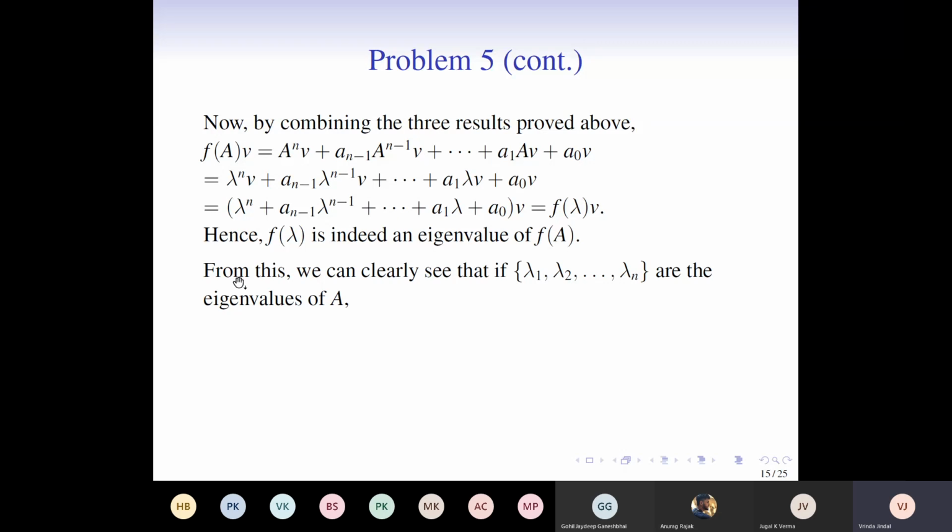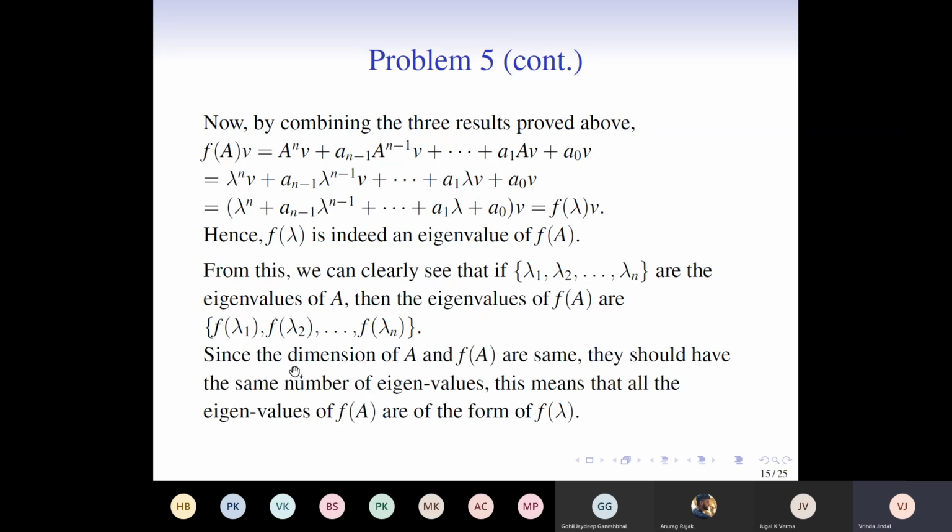So from this we can clearly see that if lambda 1, lambda 2, up to lambda n are the eigenvalues of A, then the set f of lambda 1, f of lambda 2, up to f of lambda n, all of them will be eigenvalues of f of A. And since the dimensions of A and f of A are the same, both are n cross n matrices, they should have the same number of eigenvalues. So we'll have n eigenvalues.